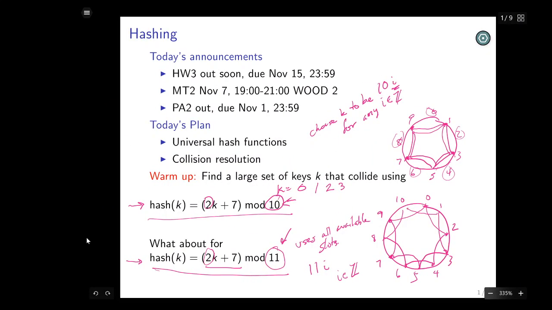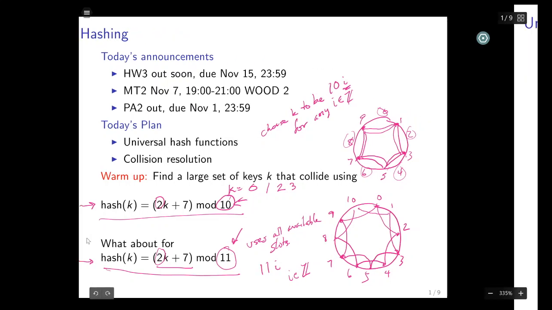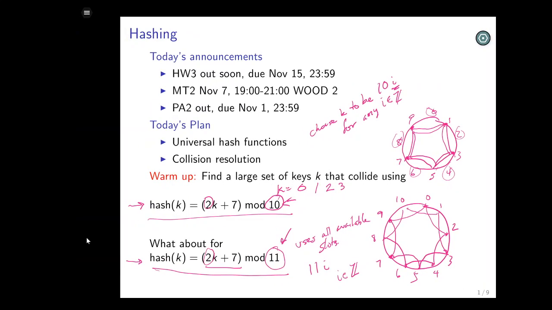Oh, this one? Possibly. If your keys were really small, that would be true. The keys would have to be less than 11, because otherwise I can crash this thing. So it is true, but usually I think of 11 as being small.